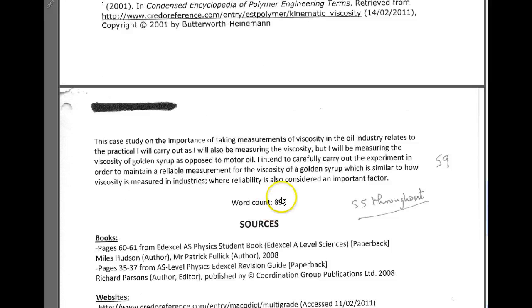Edexcel recommended originally that it was about 600, but they soon realised that that wasn't really a high enough figure, so they have relaxed that, and you can now within reason go up to, say, probably 1,500 would be just fine. Most students end up somewhere around the 1,000 word mark, plus or minus a few hundred, so don't worry about this. This is not something that you'll be marked down on.